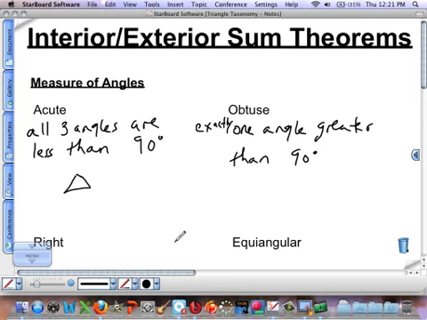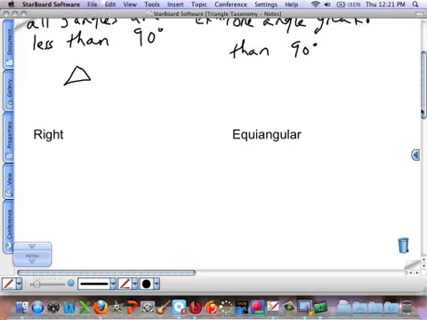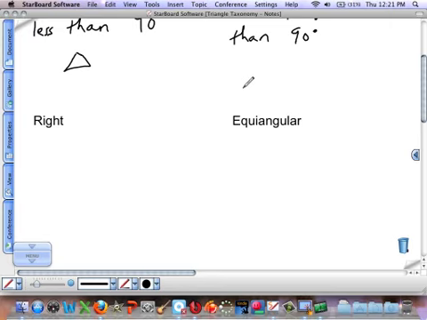Okay, Kirsten. What makes something a right triangle? It has a 90-degree angle. Let's draw our diagram here. And so we have one right angle.